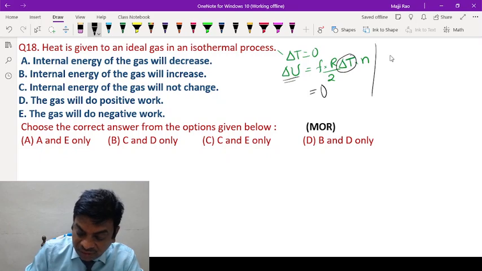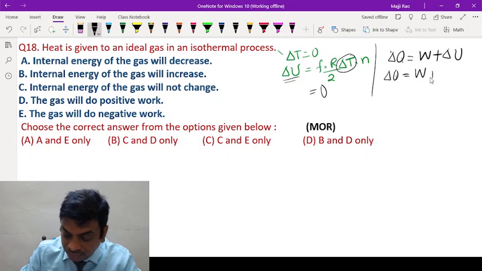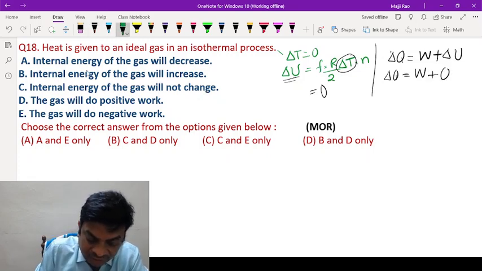And if there is no change in internal energy, then whatever be the heat given will be utilized by the system to do work against the forces due to external pressure. Now let us see. One level, heat energy of the gas will decrease.